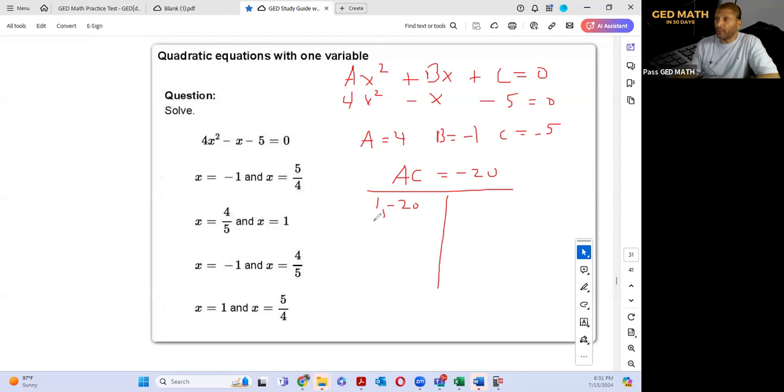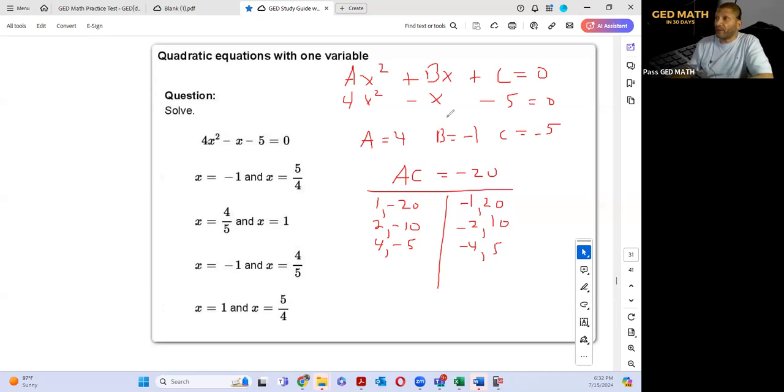I go 2 times negative 10. 3 does not go into 20. 4 times negative 5. 5 goes into 20, but I know on the other side of these factor pairs, I'm reversing the signs. So I'm already going to have 5 on the side because I have 5 here. So minus 1 and 20, I'm just reversing the signs from everything I have on the left. Minus 2, 10, minus 4, 5. So these are all the factor pairs of negative 20.